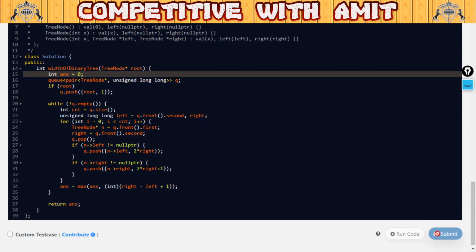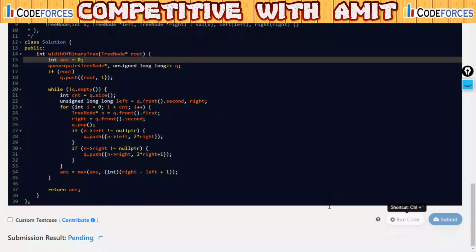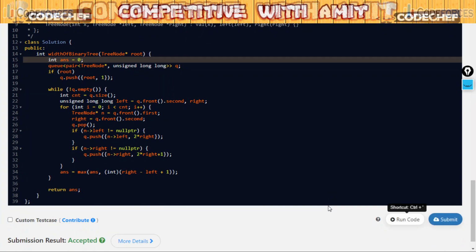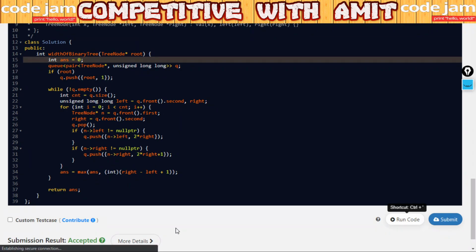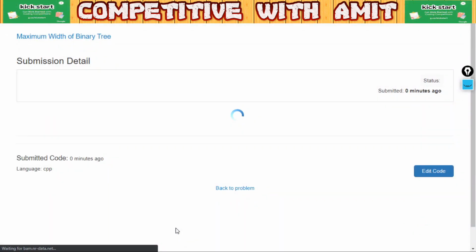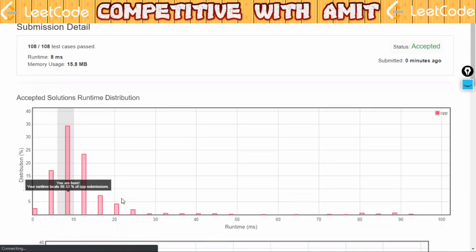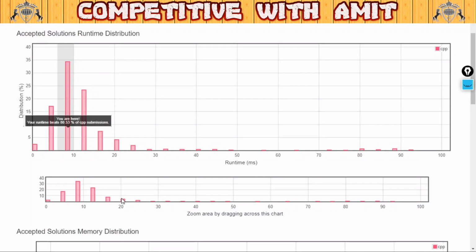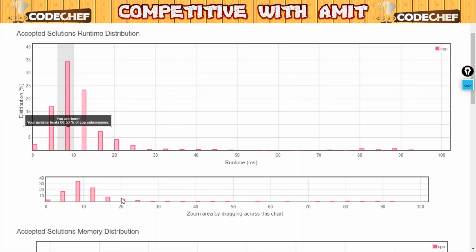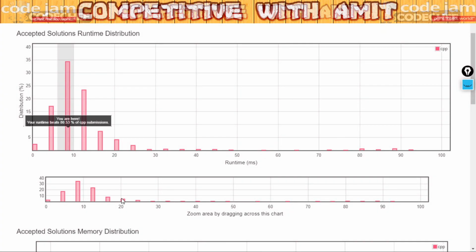Now I have submitted the solution and I have got the correct answer. If I see more details, it is faster than 80% of the C++ solutions. So I must assume that this is the fastest solution, because it does not require iterating over all the values again and again.